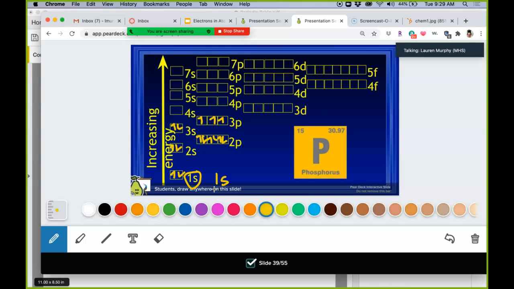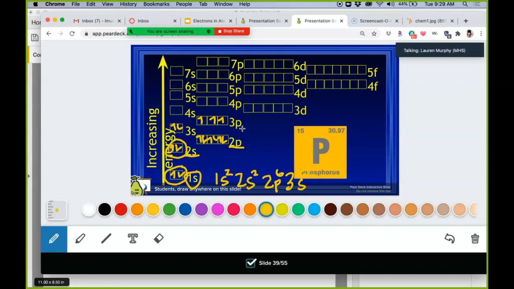1s, so it's kind of like a map of where the electrons are. I'm on the first energy level, I'm in the s orbital. How many electrons? 2. You write that as an exponent. Keep reading. What's next? 2s. How many electrons in there? 2. The next orbital is 2p. How many electrons in there? 2, 4, 6. 6. Keep reading. 3s. How many electrons in there? 2.